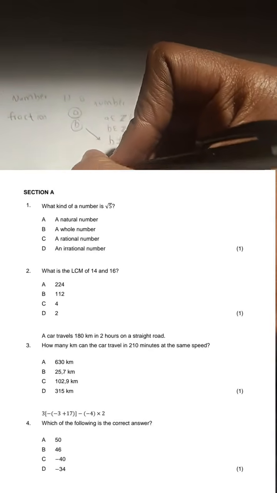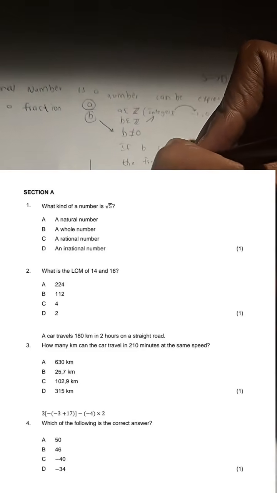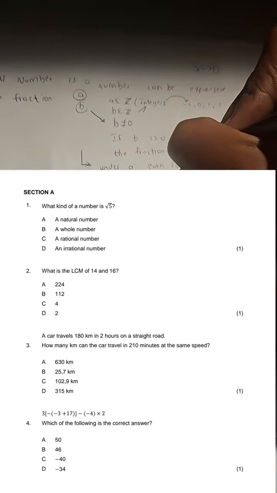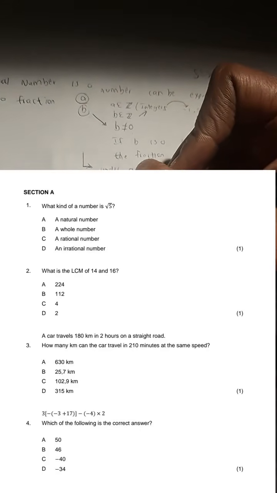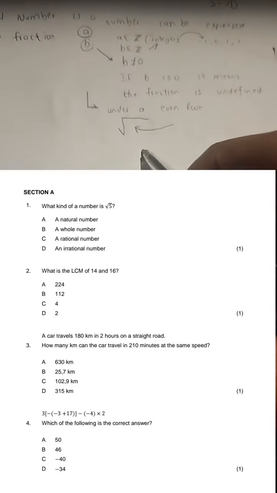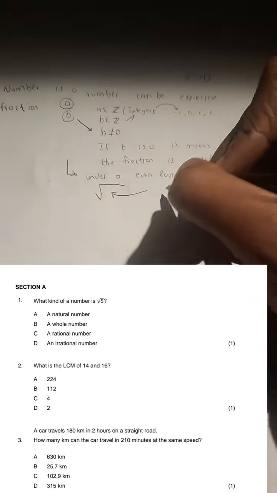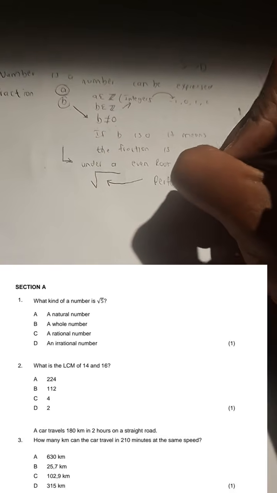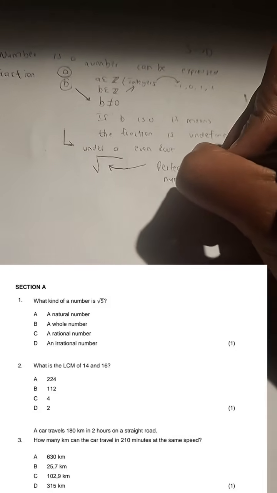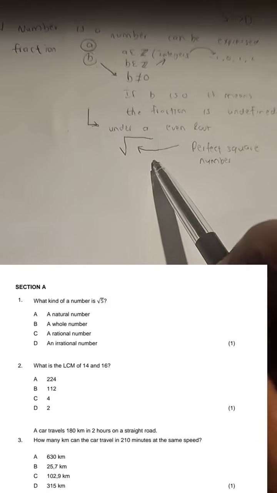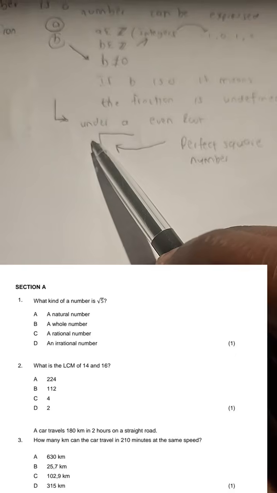So going back to what I was saying earlier on, here's another thing about rational numbers. Under an even root, in other words, if we have a square root, then in order for this number to be termed rational, the number under the square root needs to be a perfect square number. Remember, a square root is an even root.